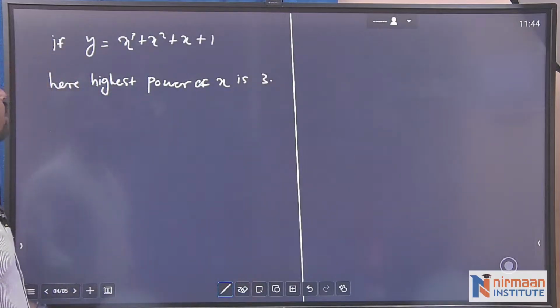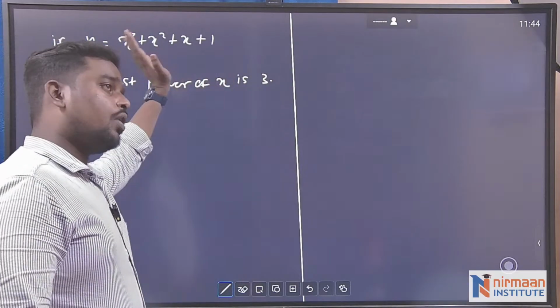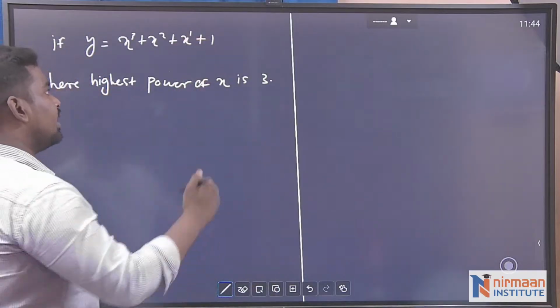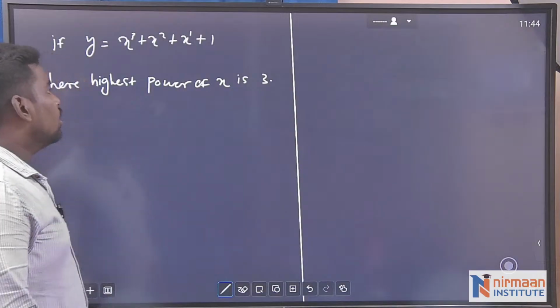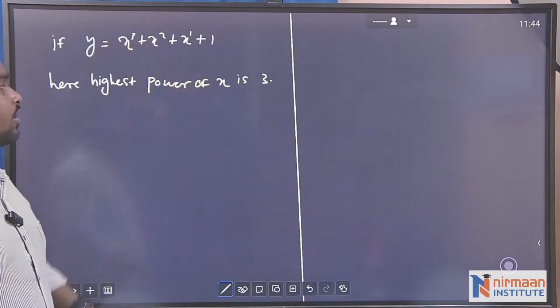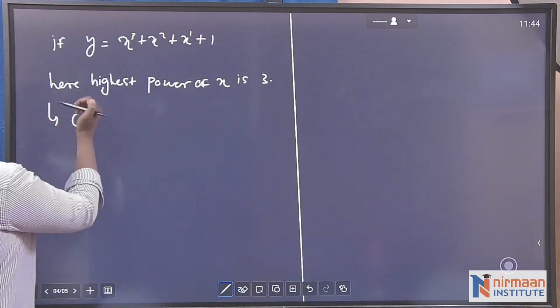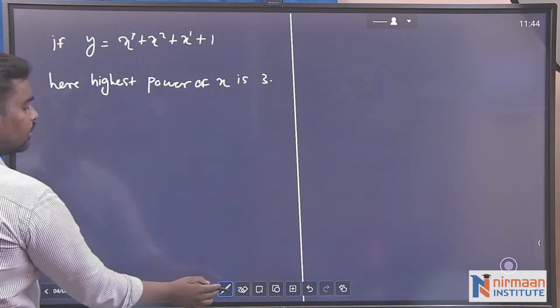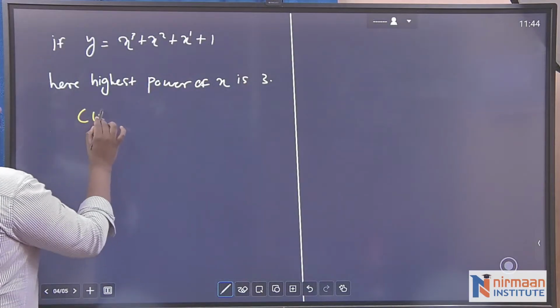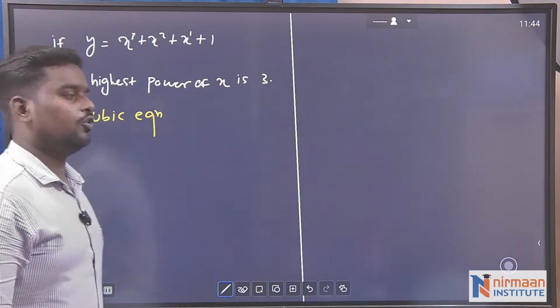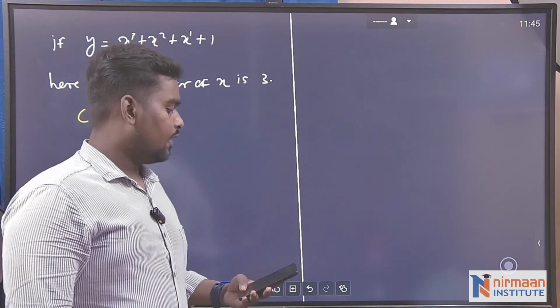Right? x square is there, x power 1 is there, and I can write the constant as x power 0 but it is not required. But the highest power of x is 3. So it's a cubic equation.